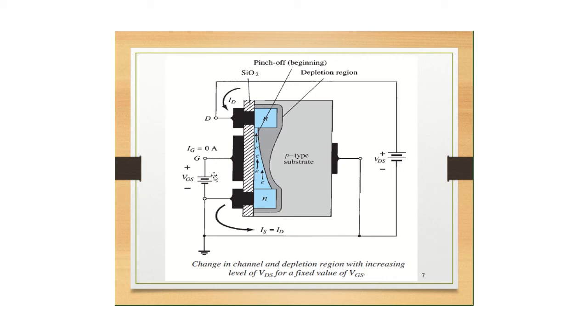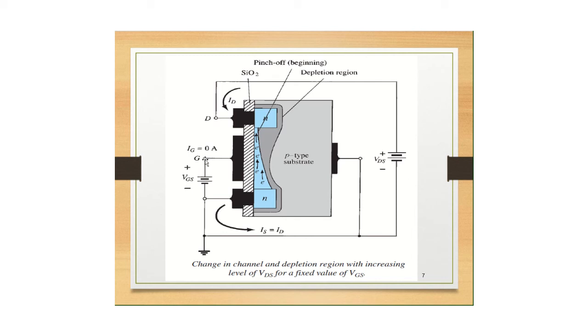So VDG is equal to VDS minus VGS. If you take 2 as the initial value, then 2 minus 8 will be minus 6, so VDG will be minus 6. Now if VDS you're changing to 5 volts, then it will be 5 minus 8, that is VDG will be minus 3.